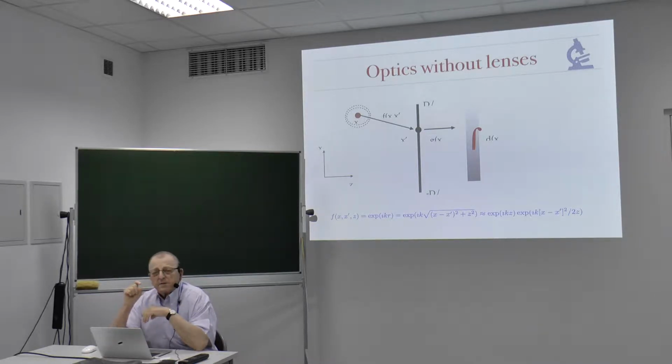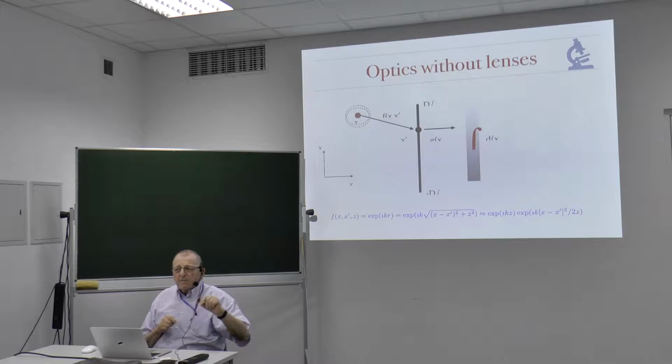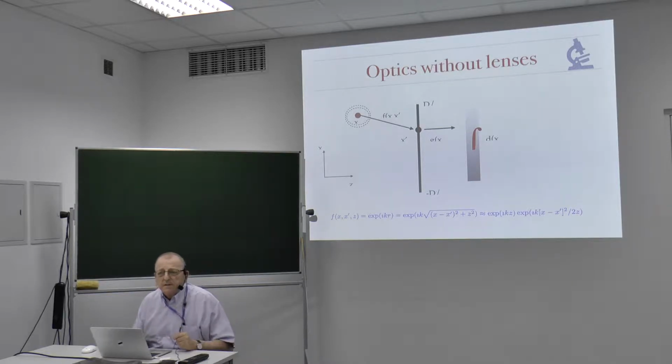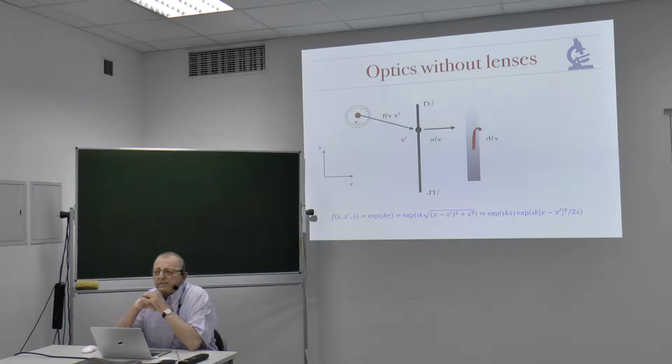Because x minus x prime is small as compared to z, then I can take e to the ikz out of the exponent and expand the rest to the first order, and therefore I have my function f in an explicit form.